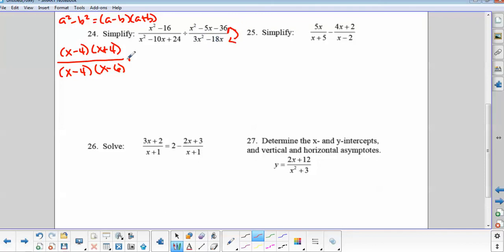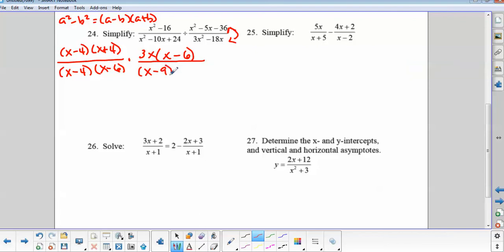So that my numerator is now this, and I have a common factor of 3x, so I'm going to take that out. If I divide the first term by 3x, I'm left with x, and if I divide this by 3x, I'm left with minus 6. Alright, and then up here, I need numbers that multiply to negative 36 and add to negative 5.